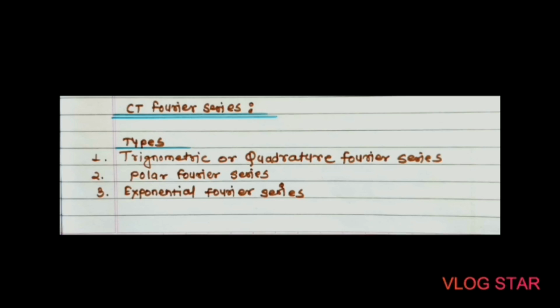All the frequency components are nothing but sine waves at those frequencies. There are different types of Fourier series. The first is the trigonometric or quadrature Fourier series. Second, the polar Fourier series. And third, the exponential Fourier series. Let us understand them one by one.